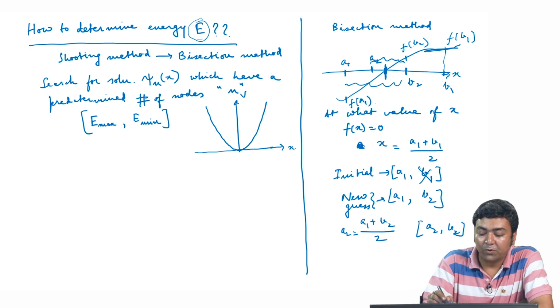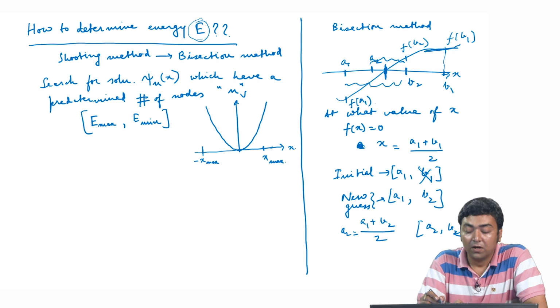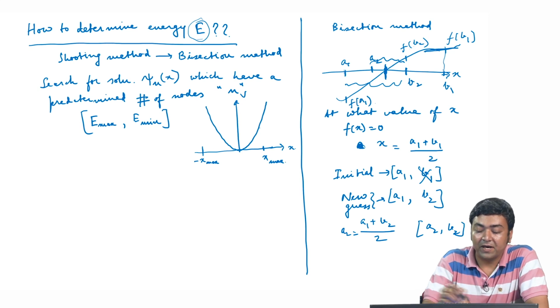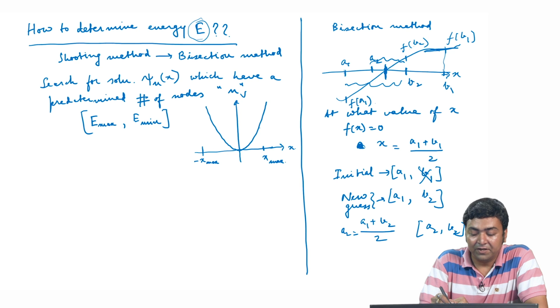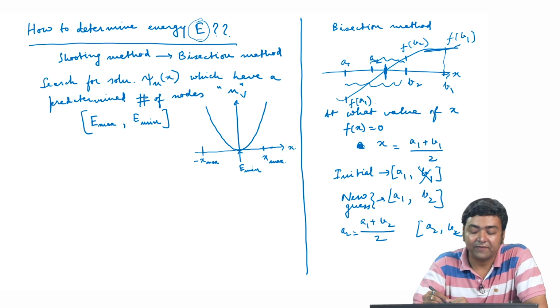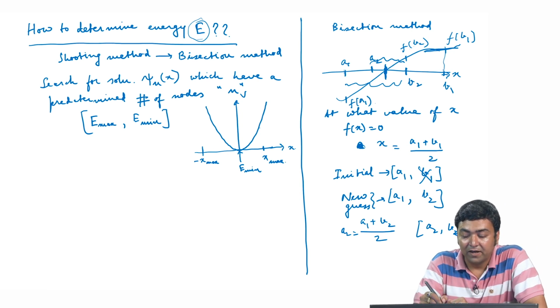Suppose I want to do the integration from minus x max to plus x max, since it is symmetric. A proper choice of E min is the lowest value of the potential, and E max I can put here, because I know that my energy eigenvalues will lie within this range.